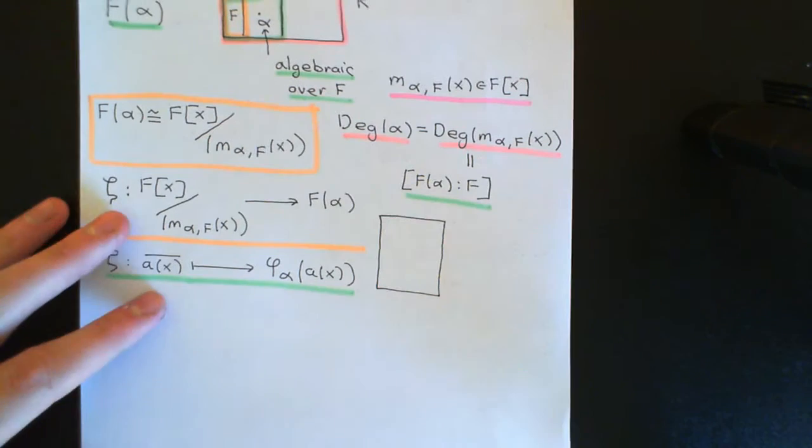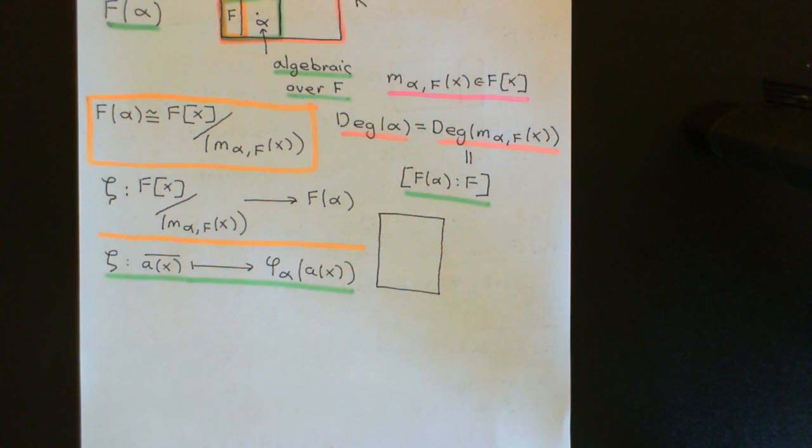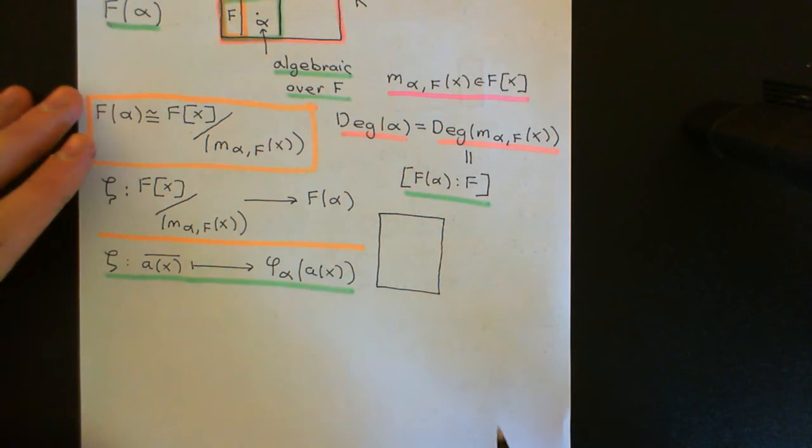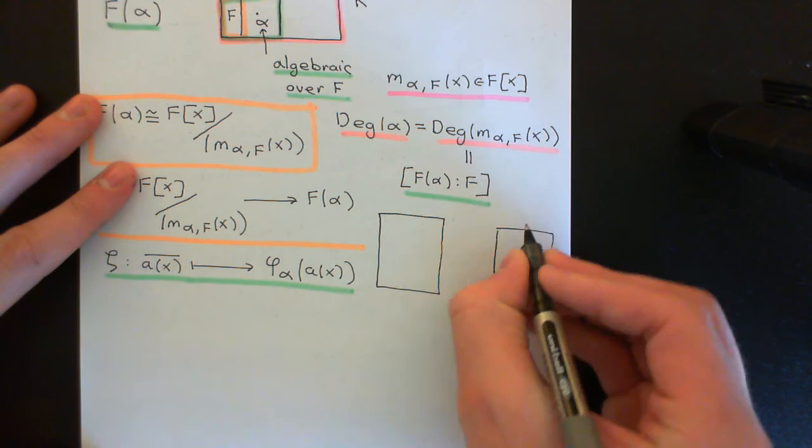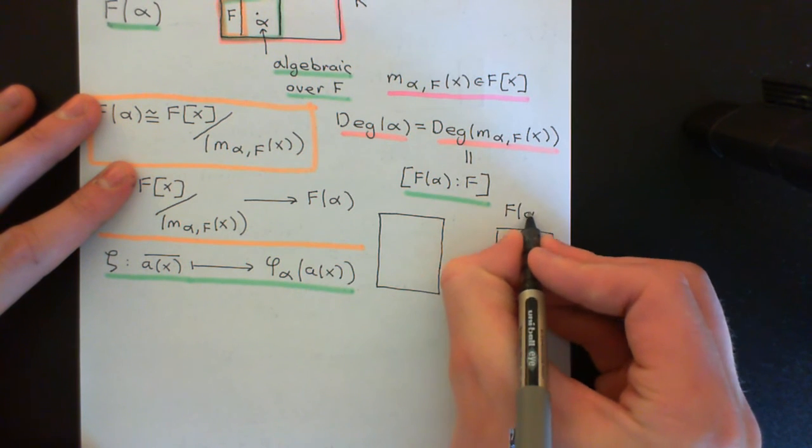All of those operations are going to give us answers that are in the field generated by alpha over F, so we might as well restrict our attention down from the entire field capital K to just the field generated by alpha over F.